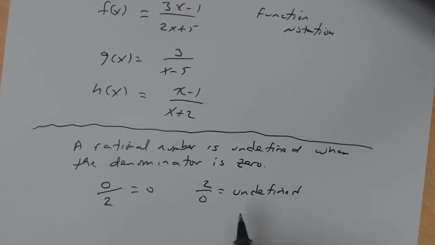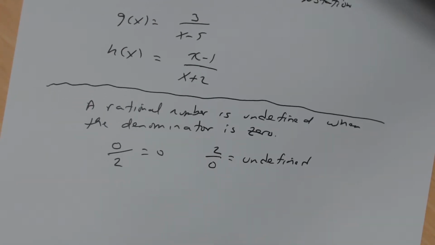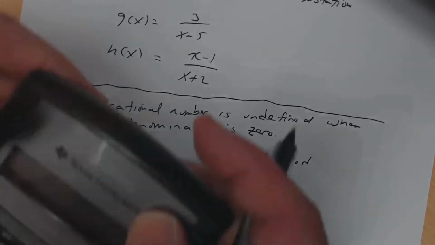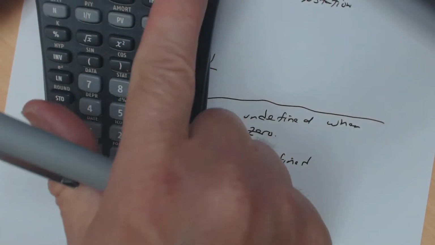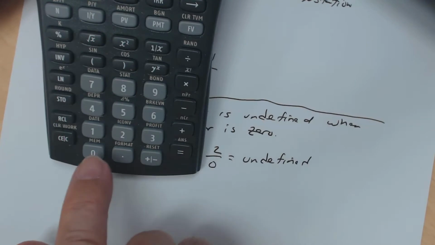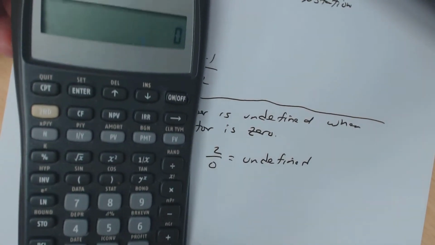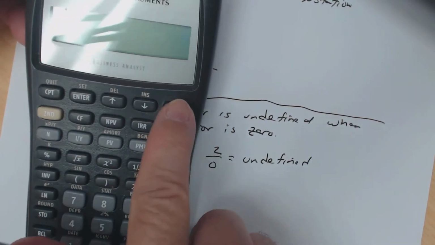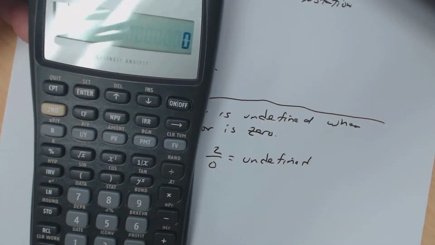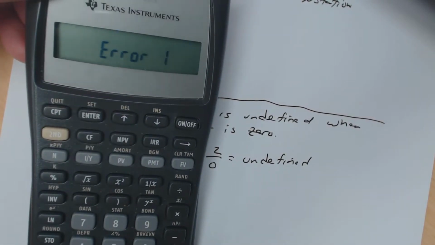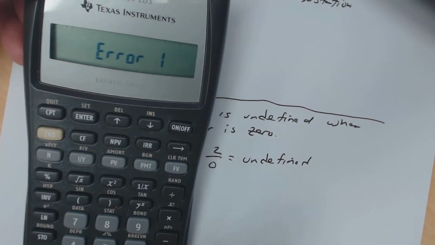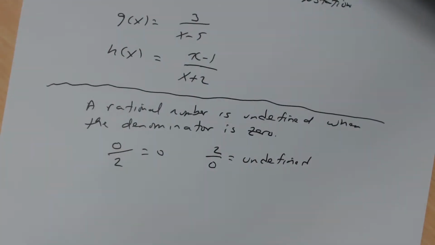So you cannot divide by 0. Even if you put this on your calculator, for example, 5 divided by 0, you get an error. That means it's undefined. So you cannot divide by 0.